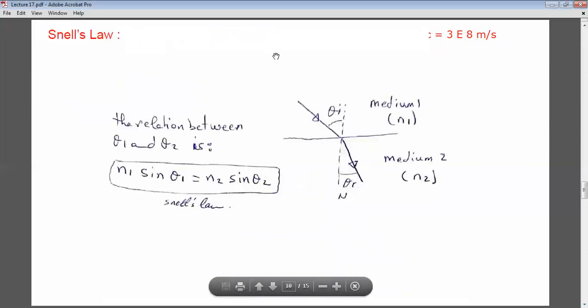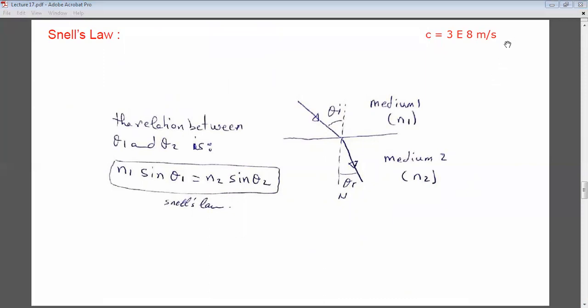Snell's law. So we agreed that the law of reflection is theta incident equals theta reflection. So what is the law of refraction? If I have an incident angle, how is it related to the refracted angle?